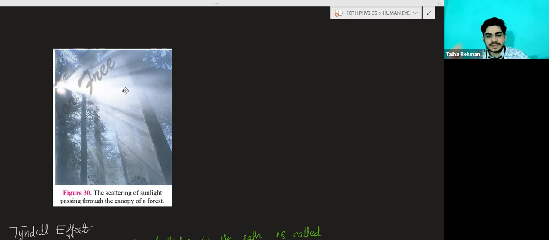So when the light from the sun strikes those particles, the path becomes visible through those moisture particles. That is why this is looking like this.